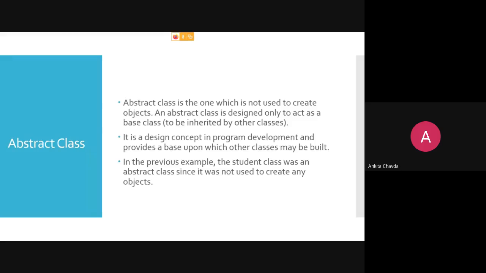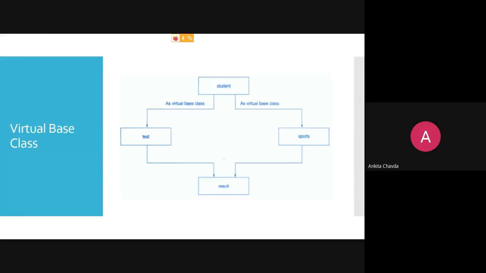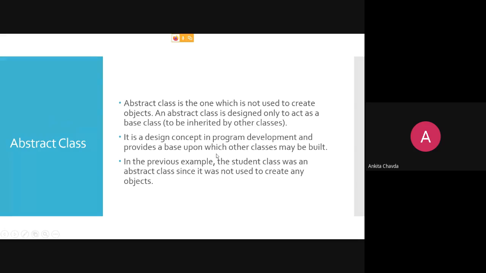So in the previous example, if you wish to make any class an abstract class, you can make the student class abstract, since it was not used to create any objects. Your parent class, student, you can make it an abstract class. Now you will see what the use of this abstract class is.